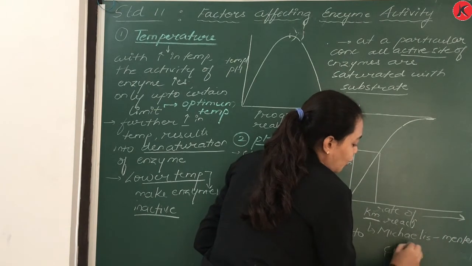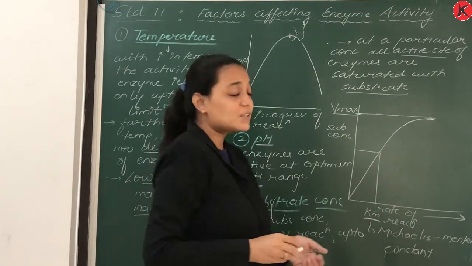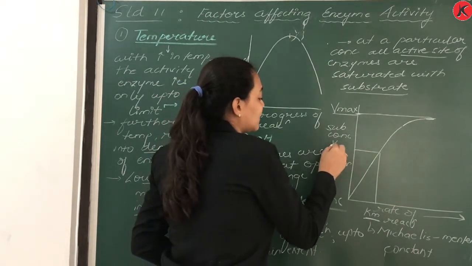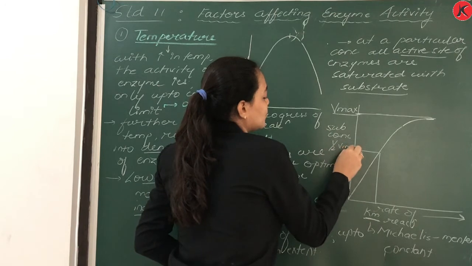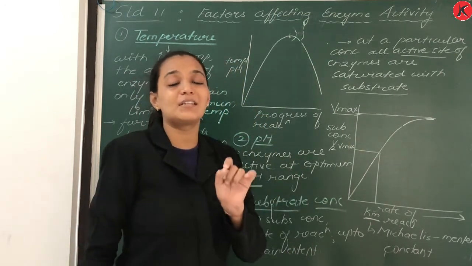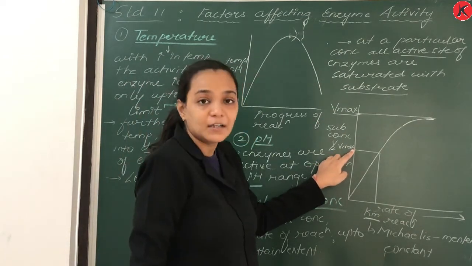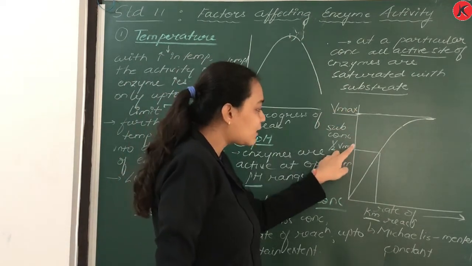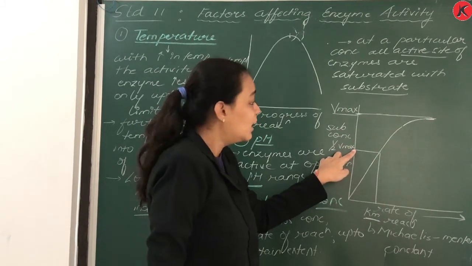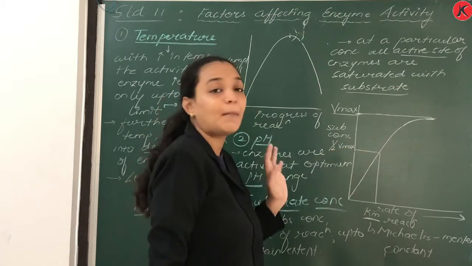Michaelis-Menten constant means the concentration of the substrate at which the rate of reaction is half of its maximum. The substrate concentration at which the rate of the reaction is half of its maximum.